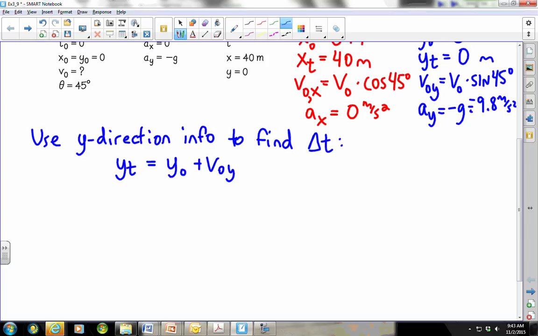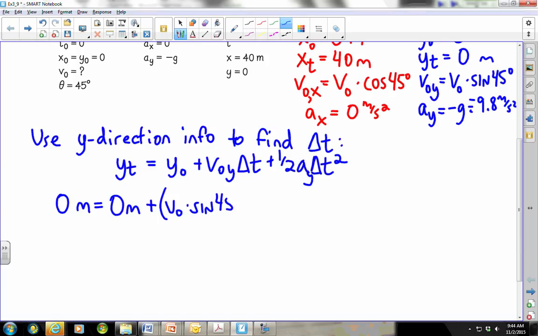I'm writing the whole thing out. This is the y direction. We have a displacement of 0, so this is 0 meters at the end. It began at 0 meters. Then a fraction of its velocity was in the y direction, times time, plus 1/2. I'm going to leave negative g in here, and later I'll put the negative 9.8 in, times time squared.